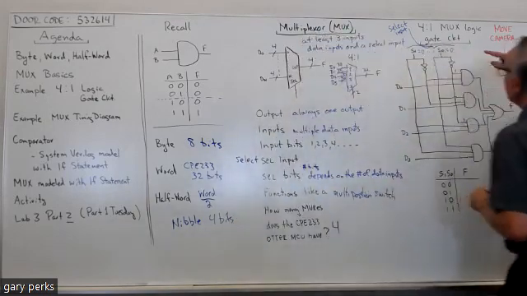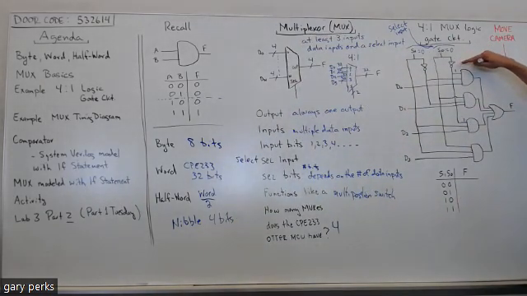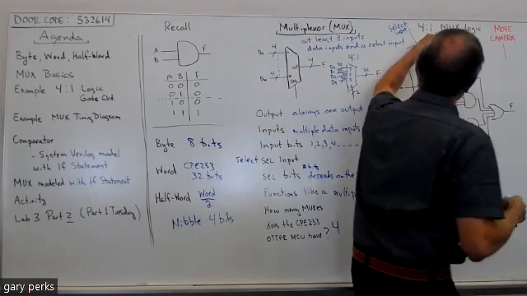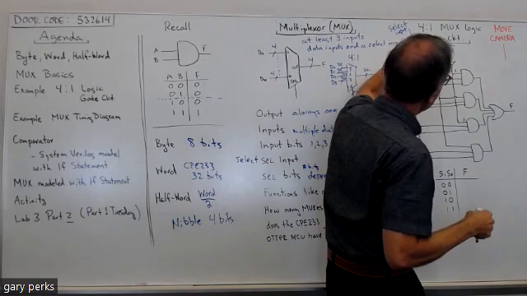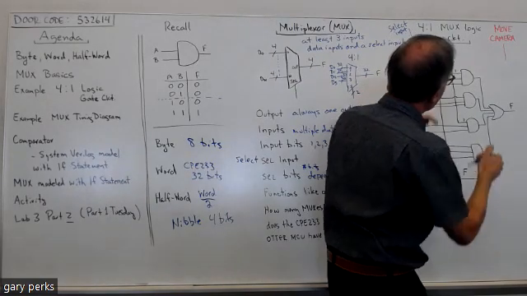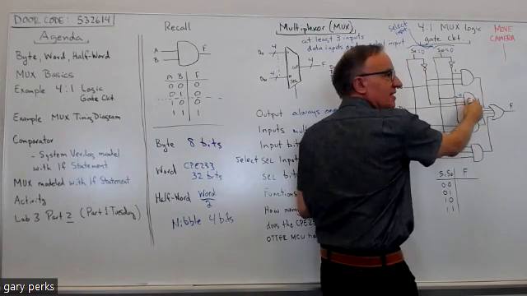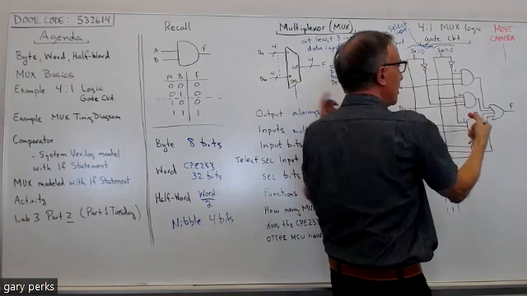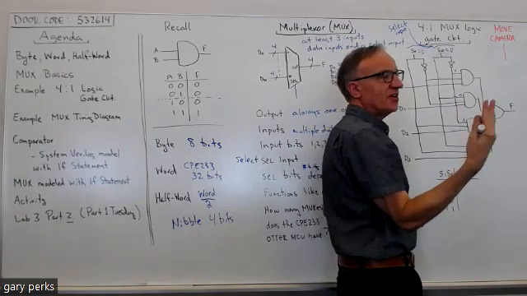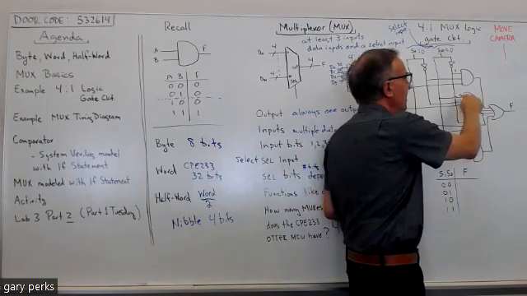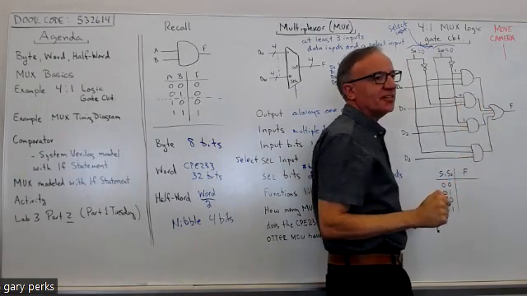Okay, so because of this inverter, I'll get a 1 here, I'll get a 1 here. Now, if you look, this line here doesn't go through an inverter. So that will put a 0 at the input of this AND gate. And like we just talked about, if you have a 0 at the input of an AND gate, it doesn't matter what the other inputs are.